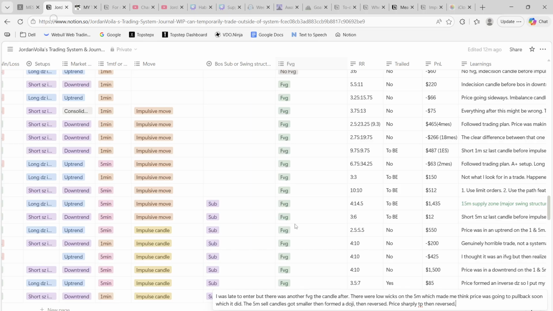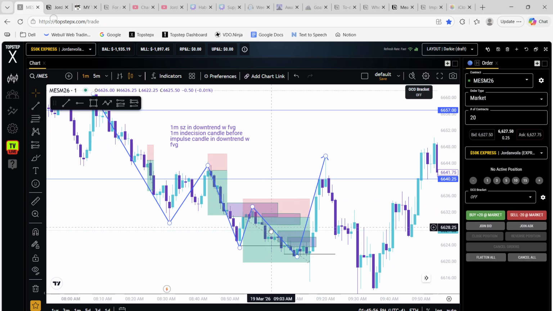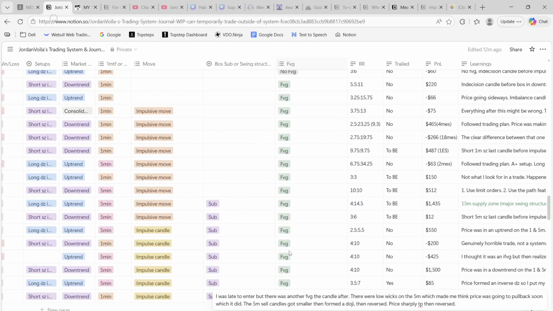What else? Price formed more 1 minute supply zones mid trade with decreasing momentum.